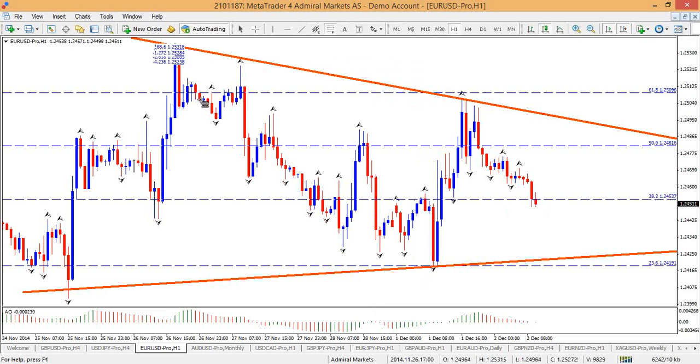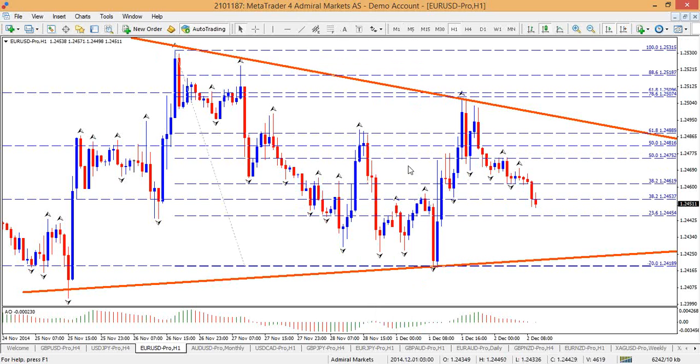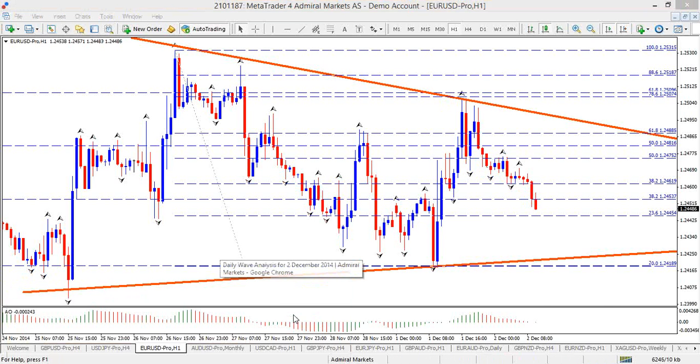On the hourly chart, we can put a fib like this. And you see a 78.6 fib yesterday. That was a good turning spot. And yeah, nothing to add really. Alrighty, let's move on.